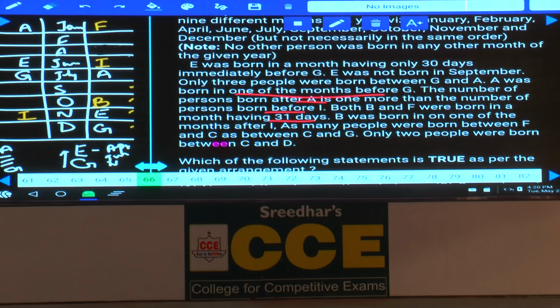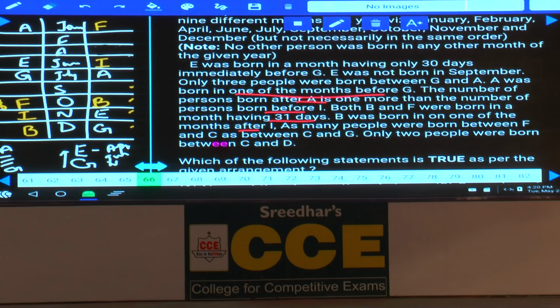Both B and F were born in the month which is having 31 days. B must be the month of December. Then F can be only in the month of October, this is the only possibility, right?